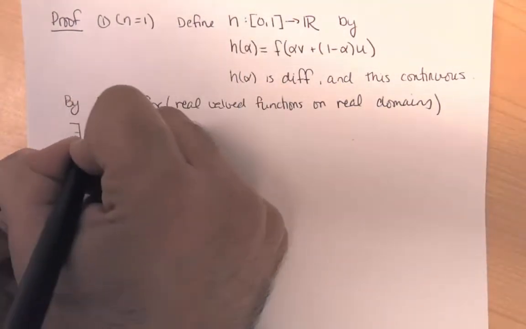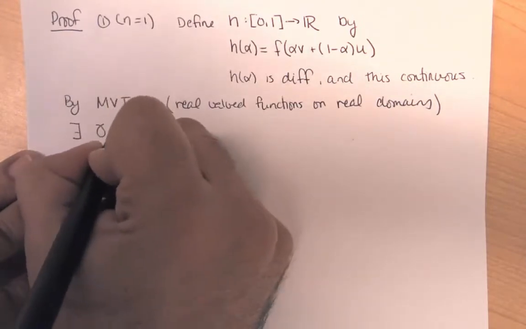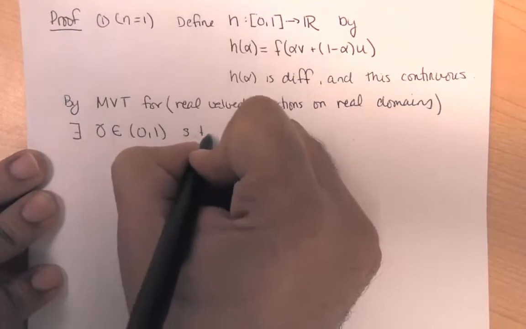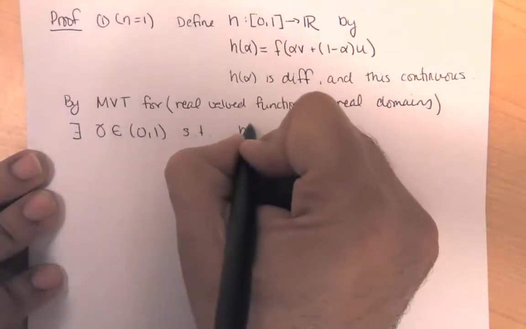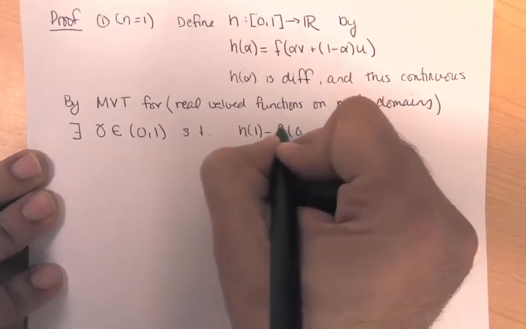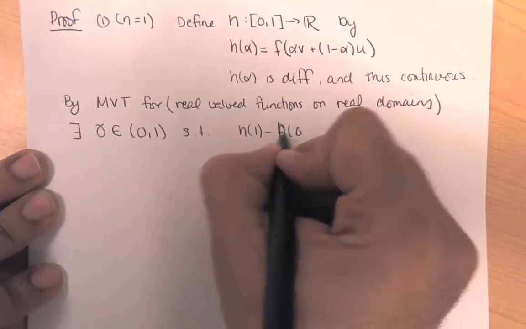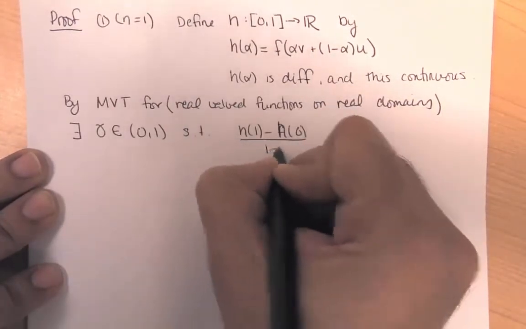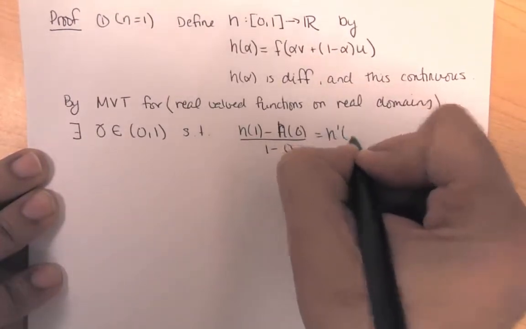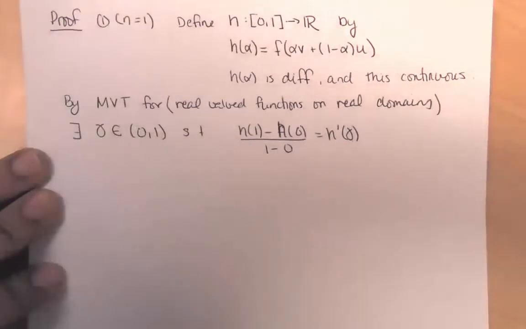There exists a gamma contained in the open interval 0 to 1 such that h of 1 minus h of 0, divided by 1 minus 0, equals h prime of gamma.